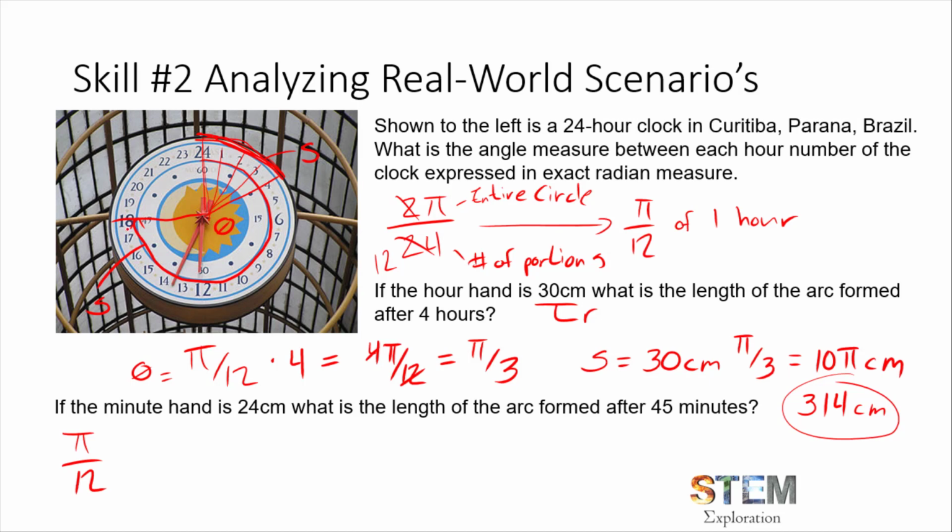The 45 minutes is equal to 18 hours, at least in terms of theta, not necessarily the arc, because the arc length is a little bit different in how we're going to measure it, because the length of the minute hand is shorter than the length of the hour hand. But if we take that and multiply it by the 18 hours that's here, we see that 18 pi over 12 is going to be our theta value.